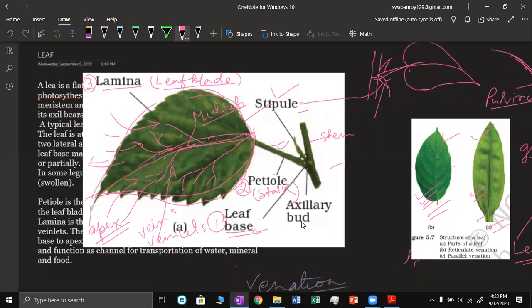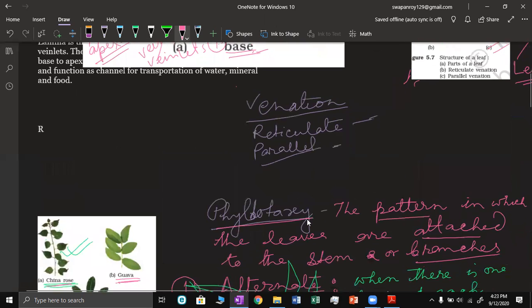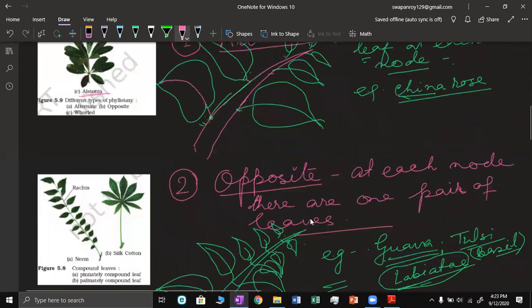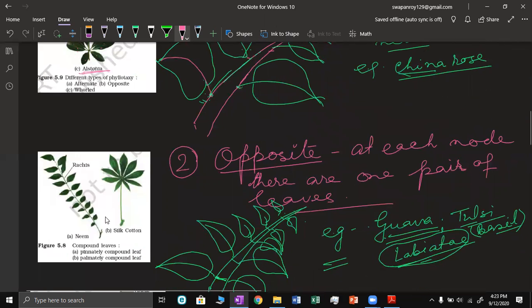Sometimes we can see that some of the leaves have more than one lamina, and it appears that in one leaf there are several smaller leaves.